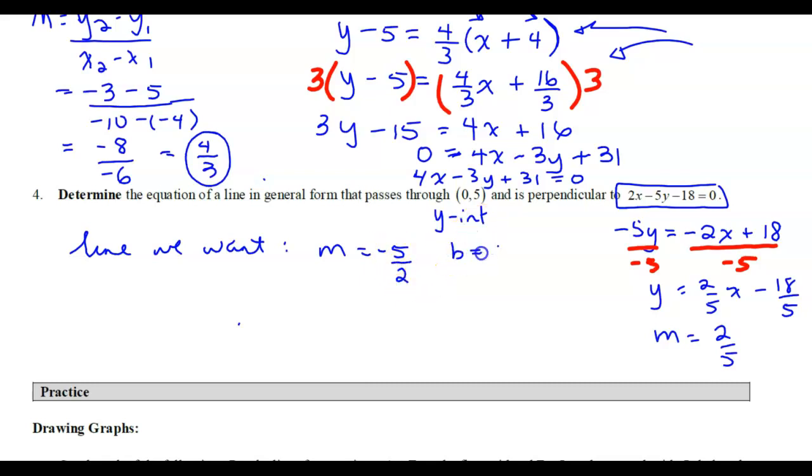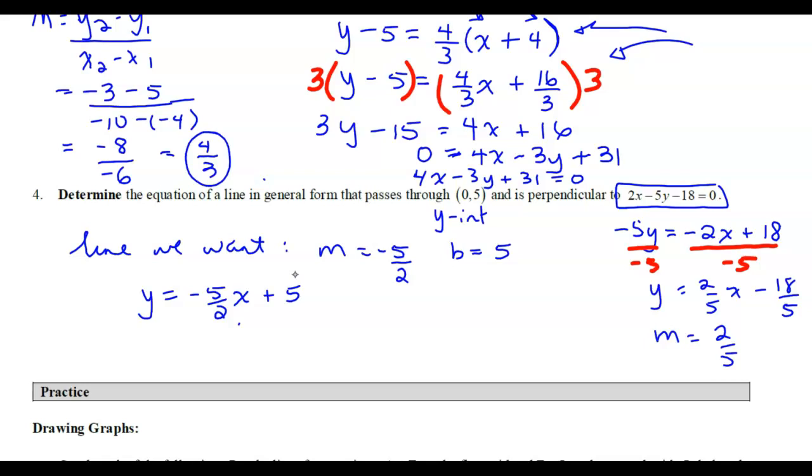And so we're lucky in that the point that was given was a y-intercept. So we don't have to use slope point form. We can use slope intercept form. Although it's probably the same amount of work, really. Okay, we would be done if it said just find an equation.